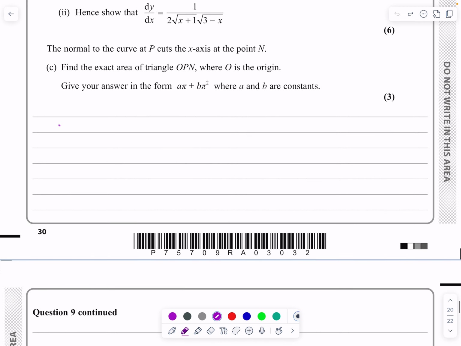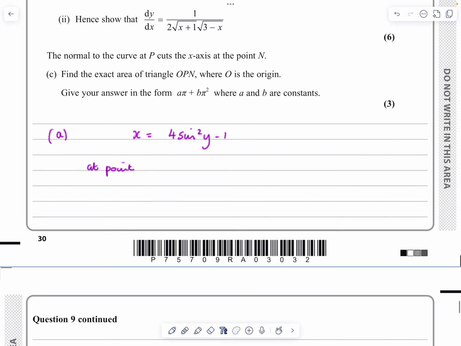So part A, we've got that the function is given by x equals 4 sine squared y minus 1. And then we know that at the point, y is equal to pi over 3. So x is going to be 4 sine squared pi over 3 minus 1.